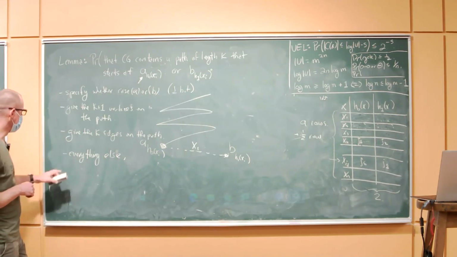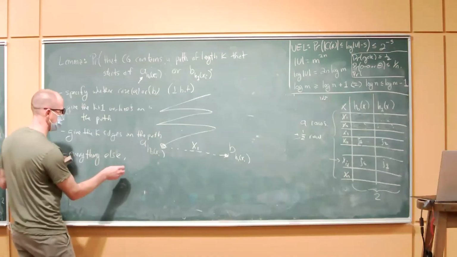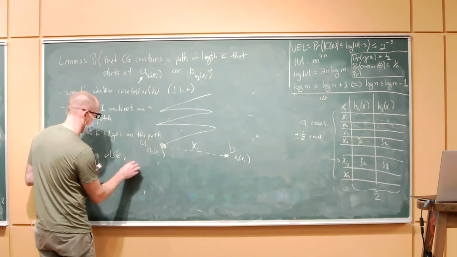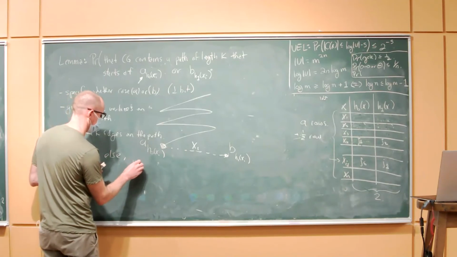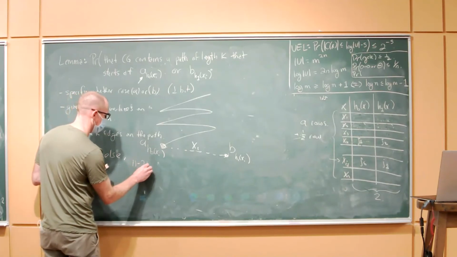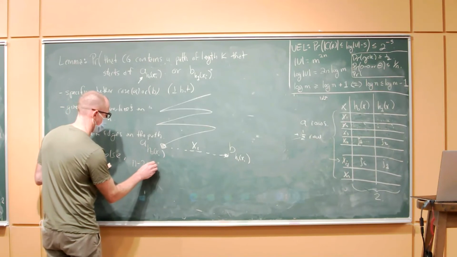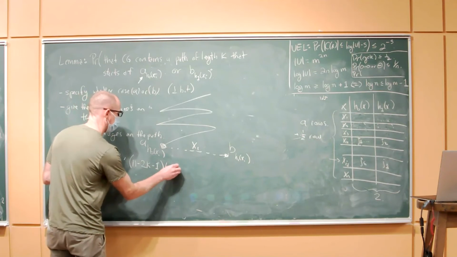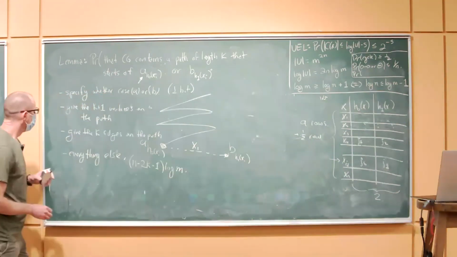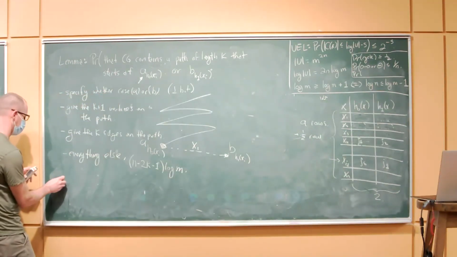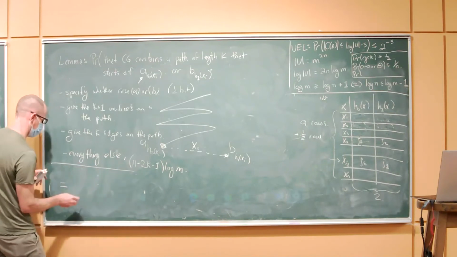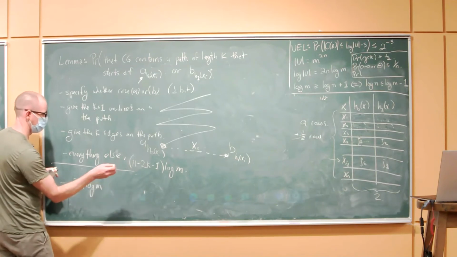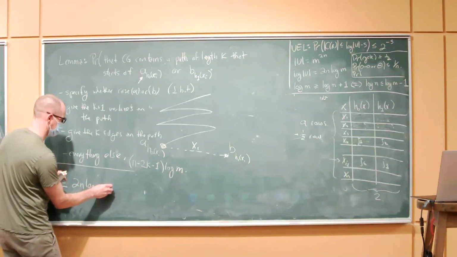Now you add all of this up. So that means everything else here is actually going to be, what is it? n minus 2k minus 1 times log m. Sum everything up and you'll get 2n log m minus k.